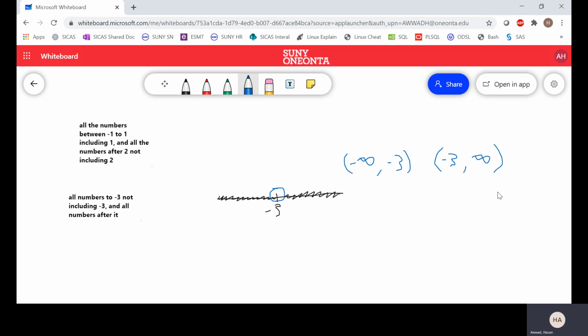We have a parenthesis because, again, with infinity you have a parenthesis. And last but not least, the piece that we're missing here is the union, because we're saying it's this interval and this interval as well.